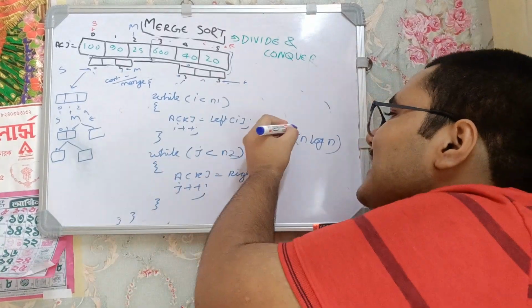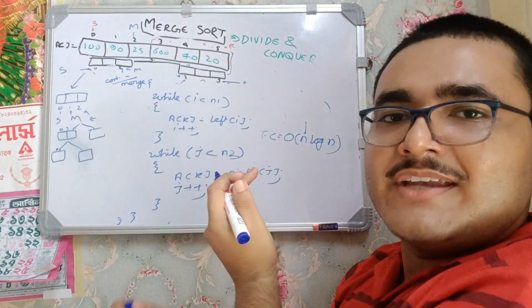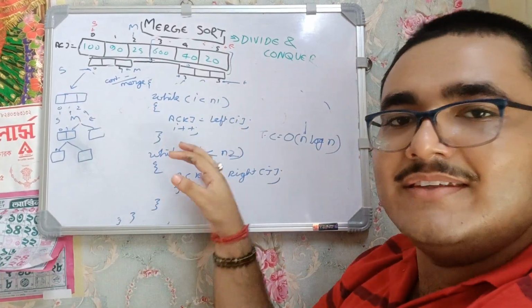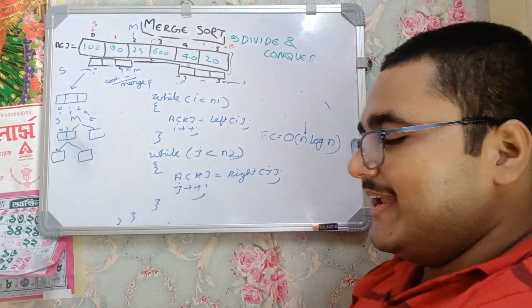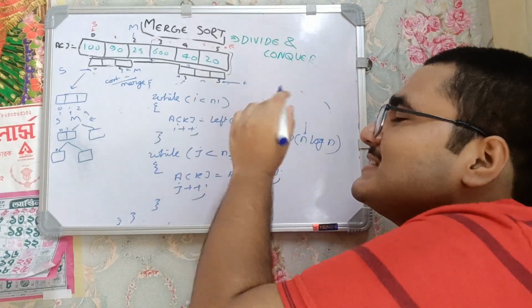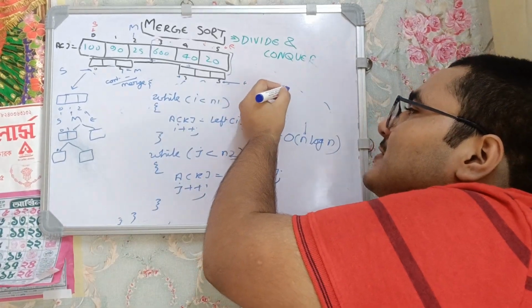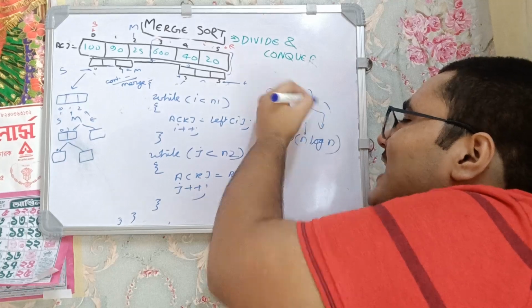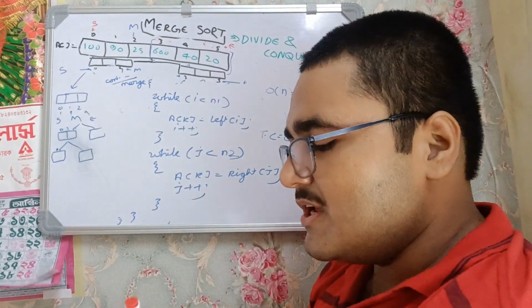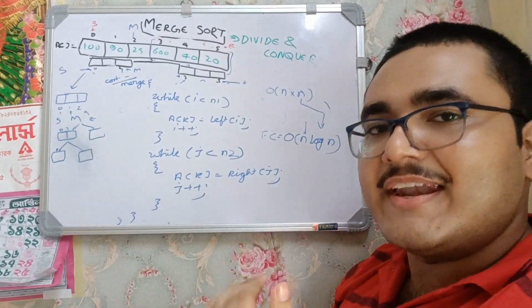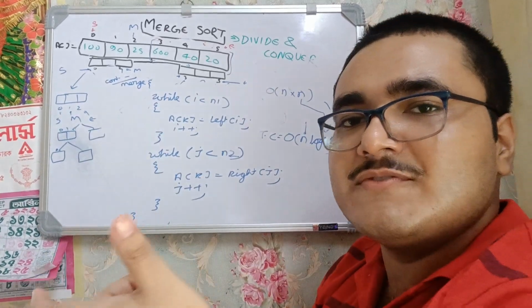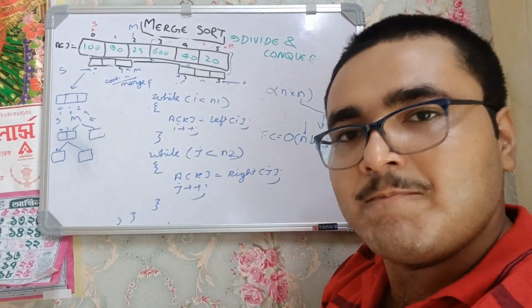In bubble sort and selection sort, we have a simple n square, that is n into n. So this second n is turned into log n because we are actually dividing the array, and division always has a log n time complexity, as we have seen in case of binary search.